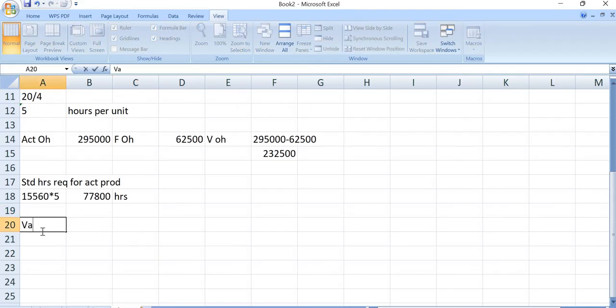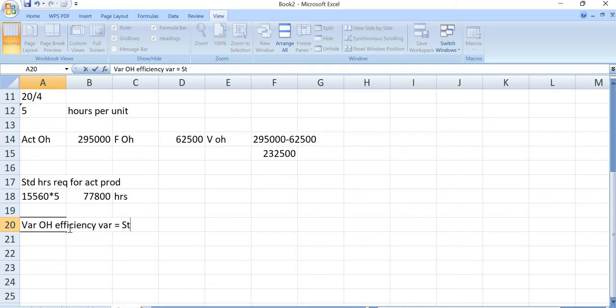So first, variable overhead efficiency variance. See, efficiency mainly based on hours only we can determine. So the difference should be standard hours minus actual hours. So we can multiply it based on standard rate. So you can easily remember without any struggle.